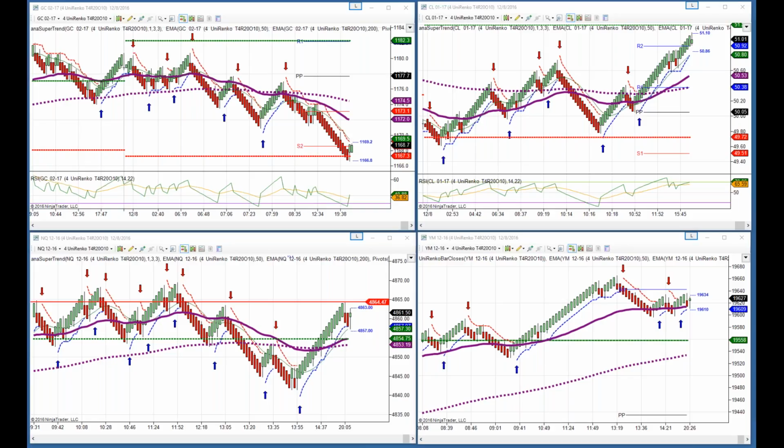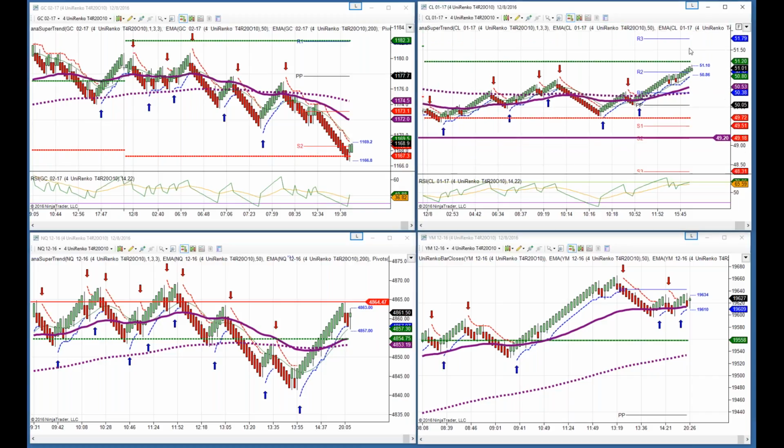Steve, oil is close to the R2. Is this significant? Well, I wouldn't say it is tonight. Now, if this was morning time right now, since it's trying to go through R2, I would think it's going to go on up to R3. That would be my thought process.